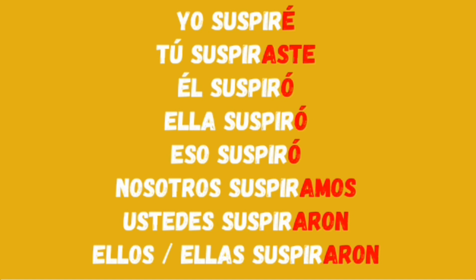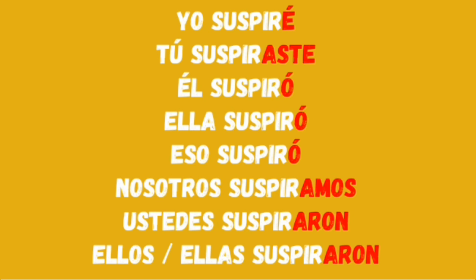Yo suspiré. Now to say you sighed, you have to say tú suspiraste. To say he sighed, you have to say él suspiró. To say she sighed, you have to say ella suspiró.